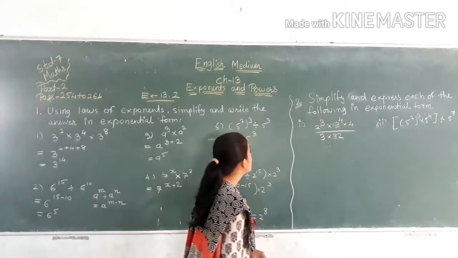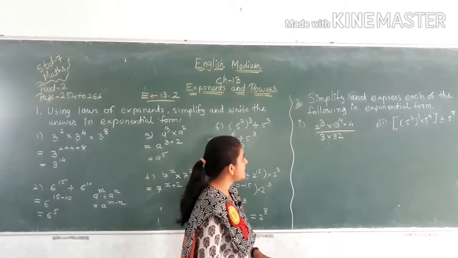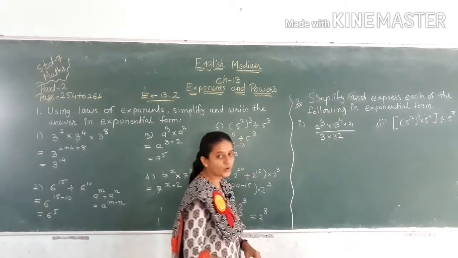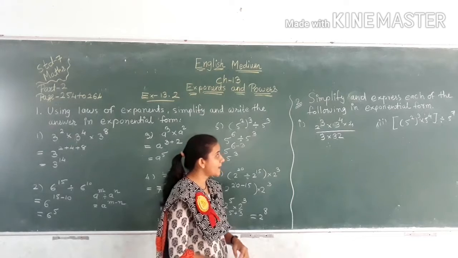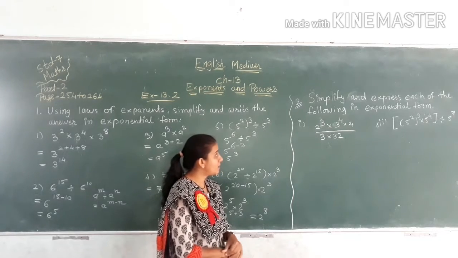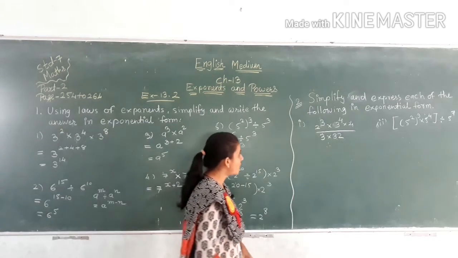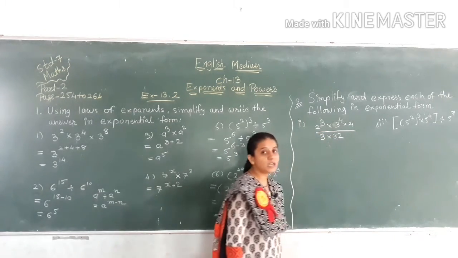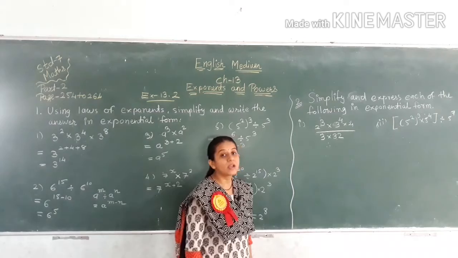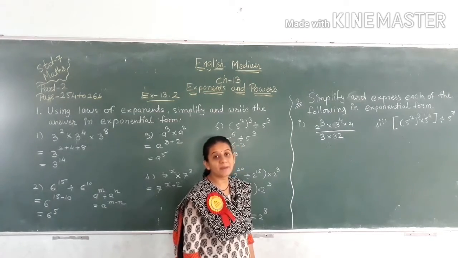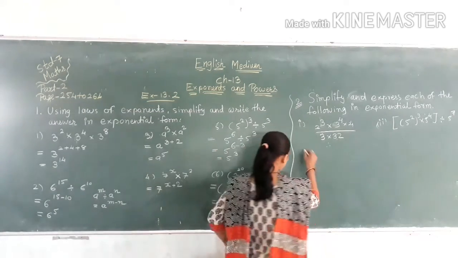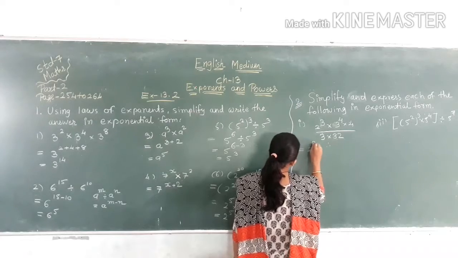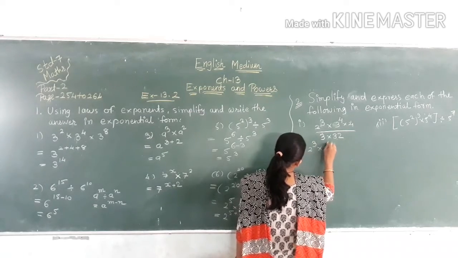Question number 2: simplify and express each of the following in exponential form. First one, 2 raised to power 3 multiplied by 3 raised to power 4 multiplied by 4, divided by 3 multiplied by 32. So 2 raised to 3 multiplied by 3 raised to 4.